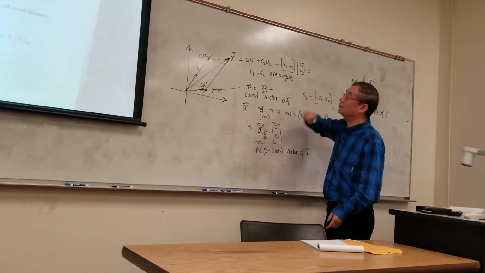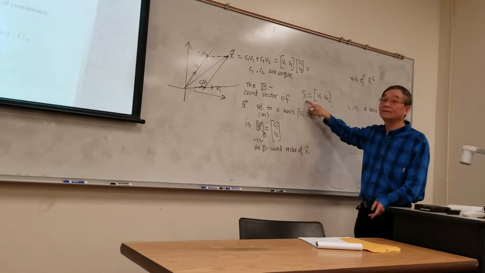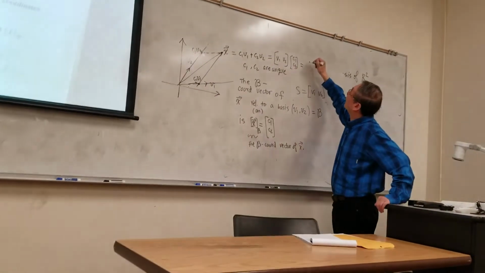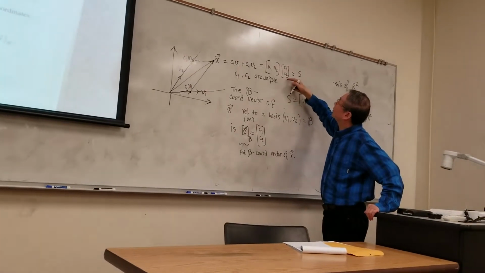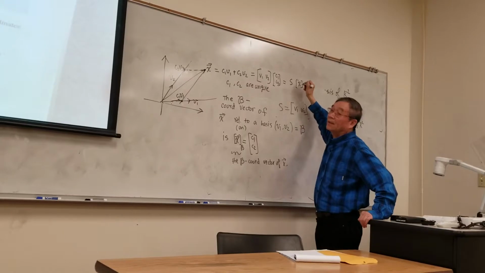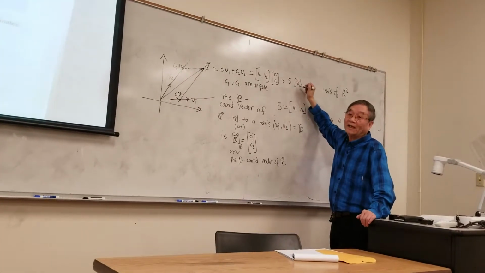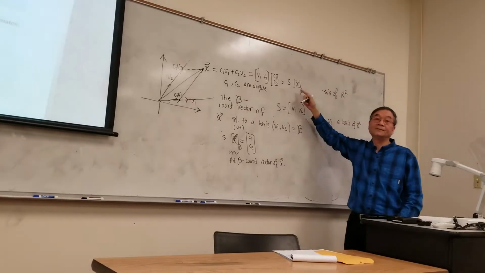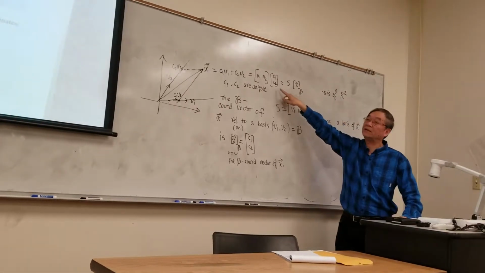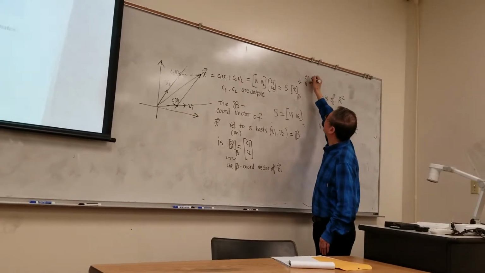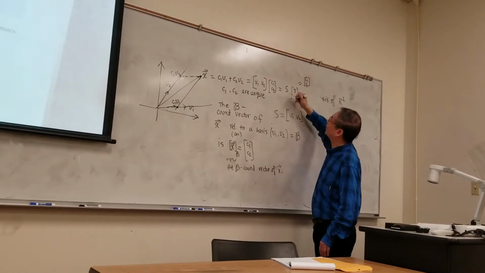Okay, so in terms of this capital S, remember this is capital S, right? So capital S times, and what is this? A vector. The B coordinate vector, right? So that's the notation for C1, C2. And then you know what that is.